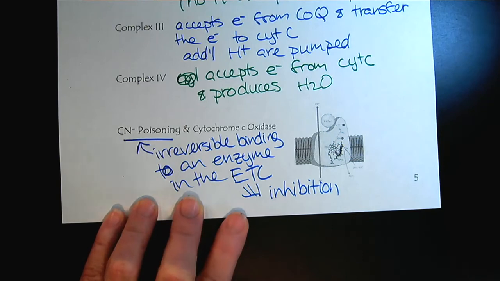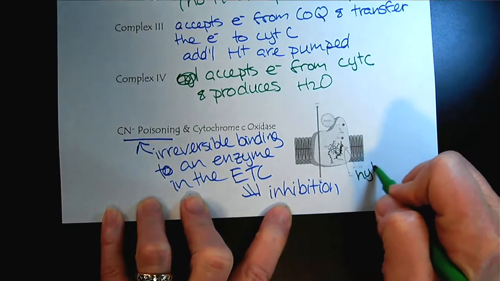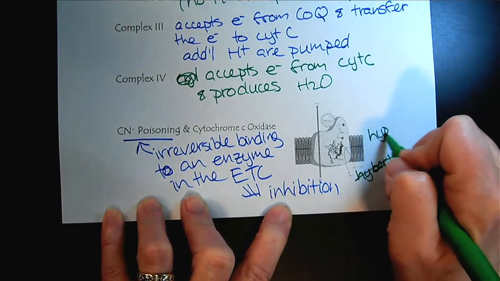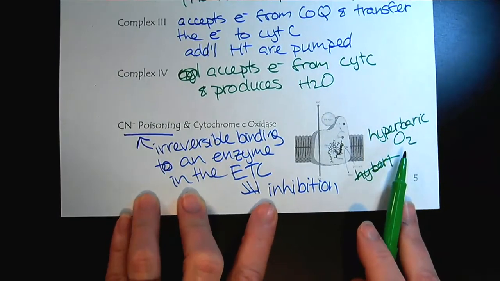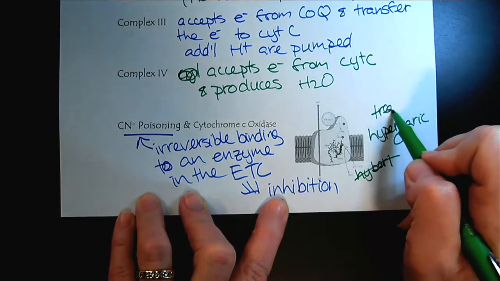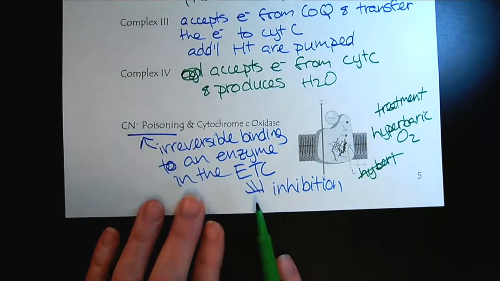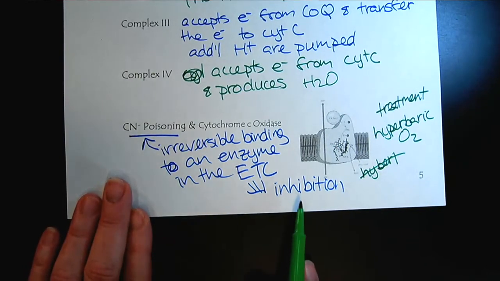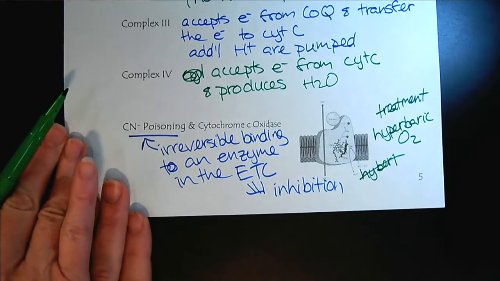If you're exposed to cyanide poisoning and you're able to get to a hyperbaric oxygen chamber, we can use Le Chatelier's principle as a treatment to reverse the effects of cyanide poisoning. But the main thing here is to think about poisons, which in many cases irreversibly bind to our enzymes in an inhibitory way. So I wanted to bring in that connection for you.